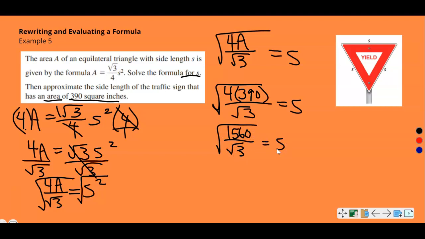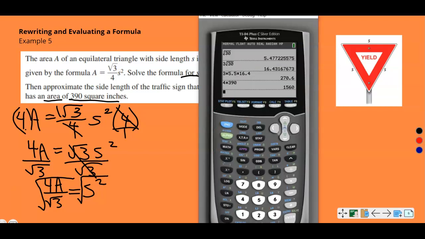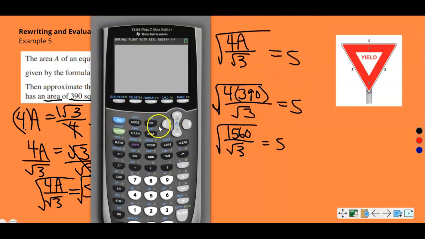Then let's use our calculator to plug it in and see what kind of answer it gives us. So we're going to have the square root of 1560, and we're going to leave this underneath the radical and divide by the square root of 3.